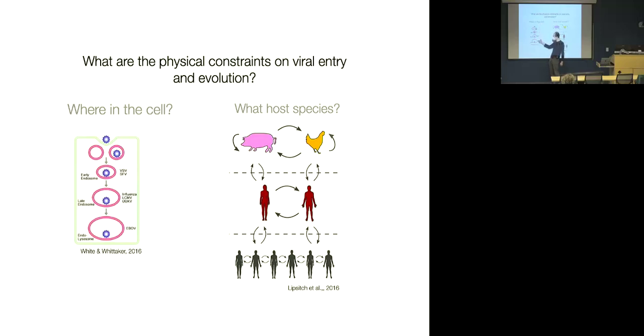And different viruses enter at different points in this pathway, from the plasma membrane to very late in the lysosomal pathway. And figuring out what controls that. Also, figuring out what controls which host species a virus might be able to infect and transmit between. This is obviously something that's a great concern for emergence of pandemic pathogens, as well as other things.